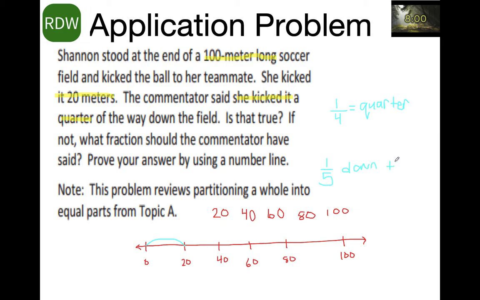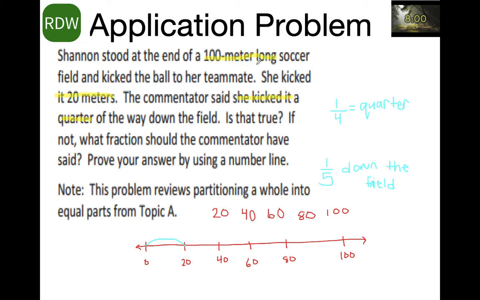Okay, so I want to just walk you through this again. We read the question and we broke it down by knowing that we're going in sections of 20. So we skip counted by 20 all the way up to 100 to see just how many sections we would need to get to 100.